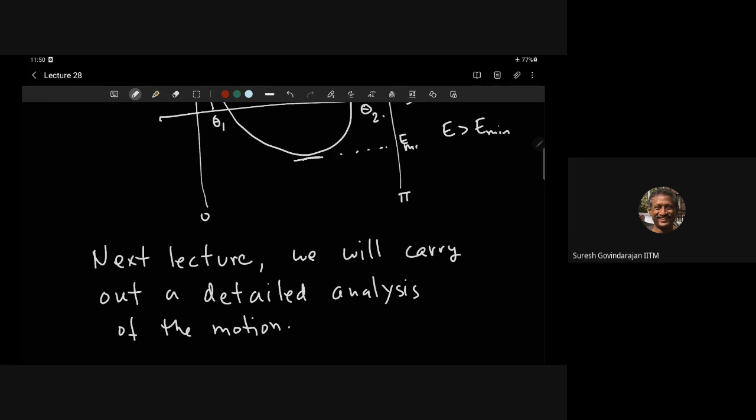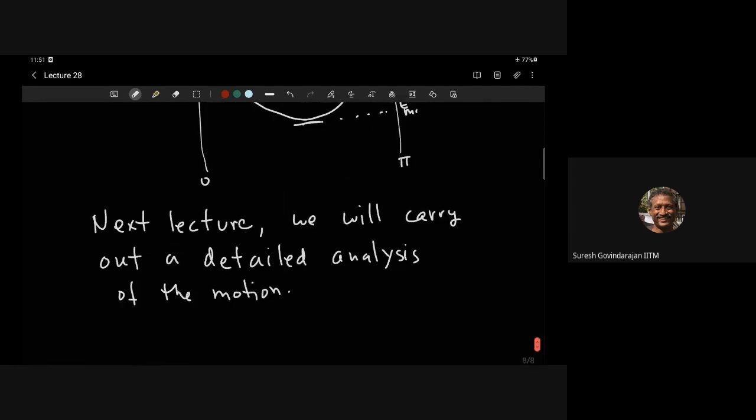Then you feed things back and ask how does phi change, how does psi change, etc. We will see different kinds of motion, and that will complete the study of this symmetric top. So I'll pause here. We just set up the problem and brought it down to an effective one-dimensional problem in theta. Okay, and that's it.